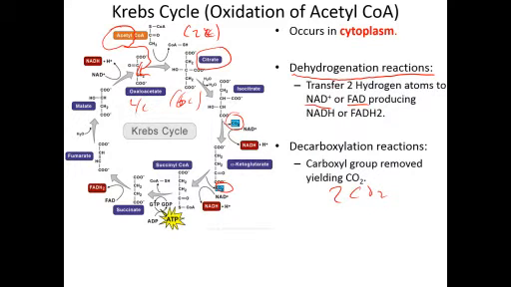Now, this is important because at the end of the production of acetyl-CoA, your single acetyl-CoA molecule is made up of 2 carbons. When you remove 2 carbon atoms, you're basically taking that acetyl group and removing all the carbons from it as CO2 gas.